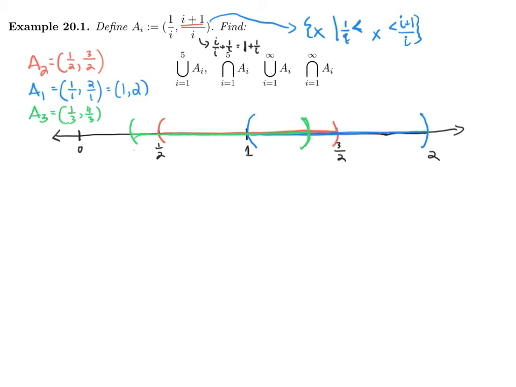So I'll mark them in, that's 1/3, that's 4/3. So that's A3. So maybe try and mark A4 and A5 on this number line. And then we can do at least the first two. We can see what that set is going to be.